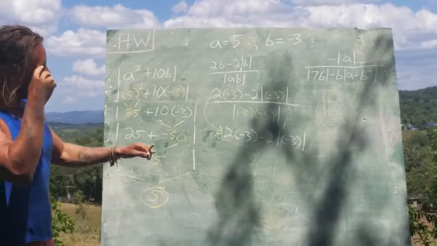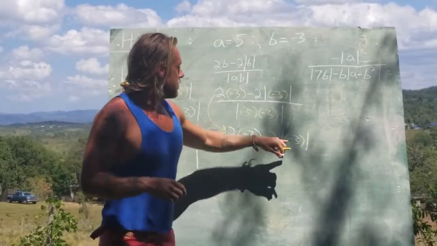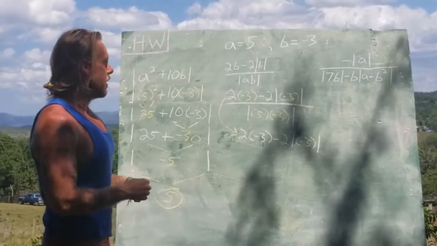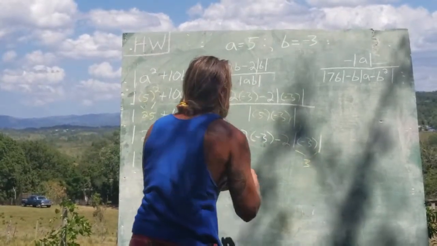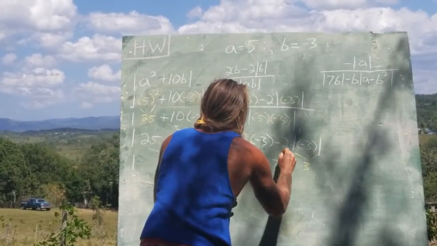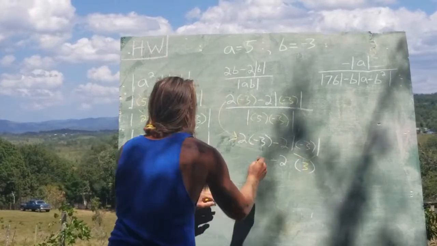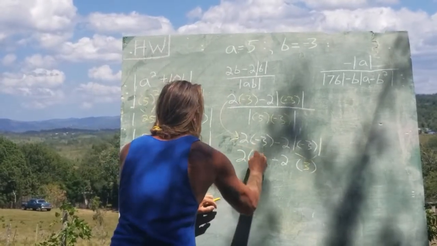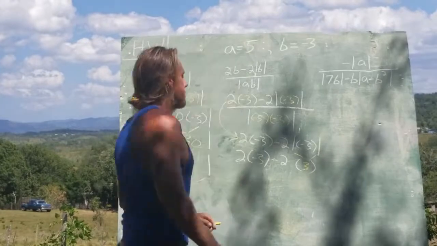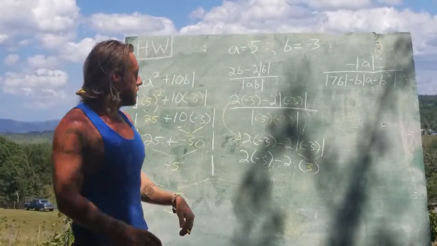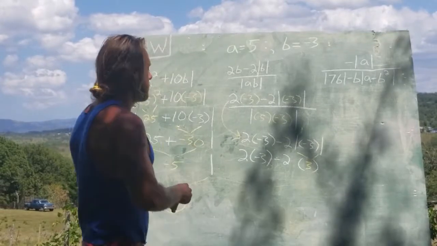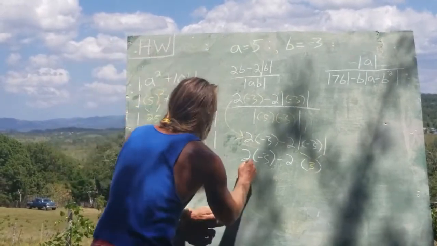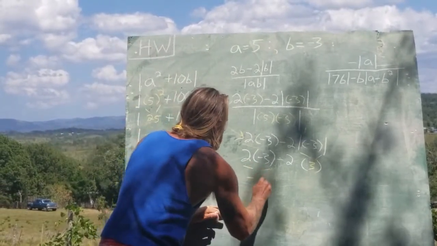All right. First thing we need to do is take our absolute value of negative 3, which is a positive 3. Okay. Now we've got 2 multiplication items left. We'll start left to right. 2 times a negative 3 is a negative 6.